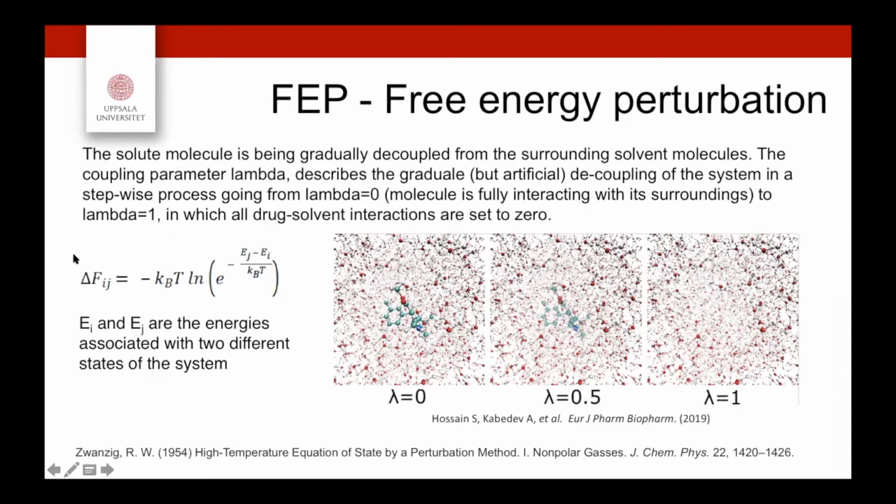Yes, then the theory behind that method, I will try to use as few equations as possible, is that we basically compare the energies between the two neighboring states, so between lambda 0 and lambda 0.1 and so on, and multiply it by the Boltzmann factor, and we get the free energy, here denoted with F. That is one of the most straightforward, pretty clear connections between the theory that we discussed and how it's done in practice.